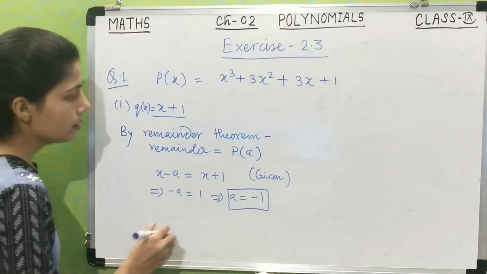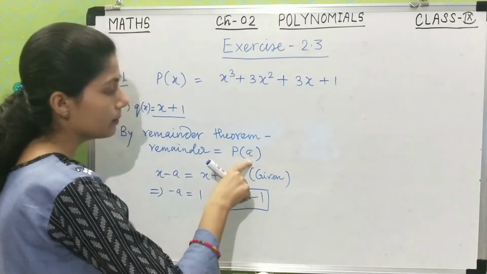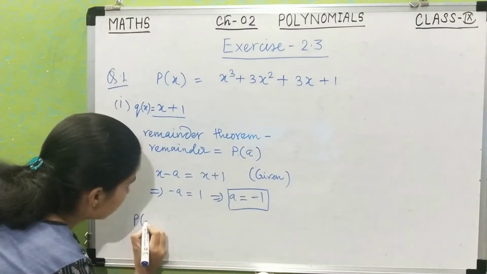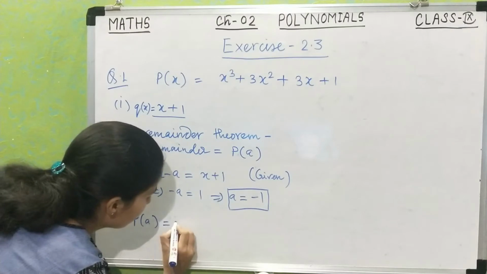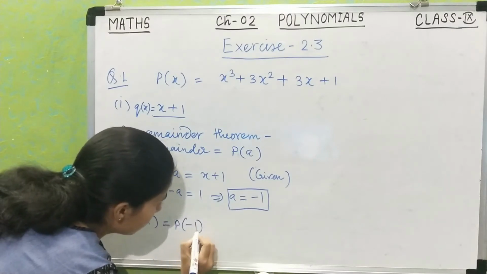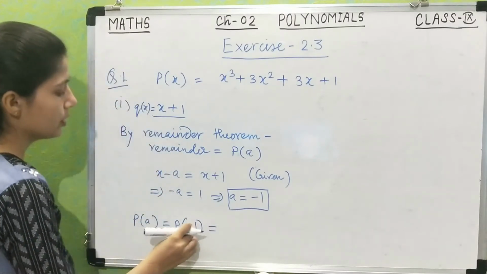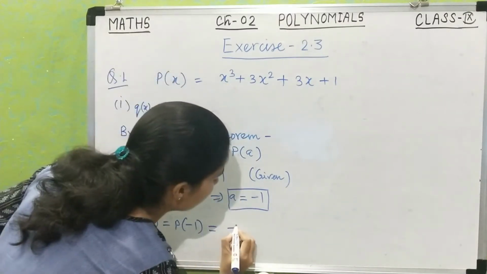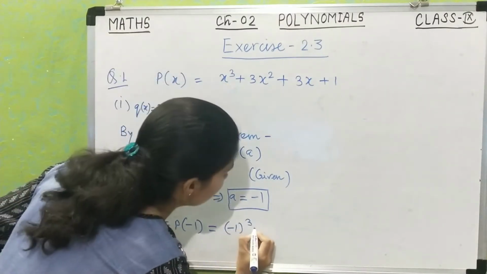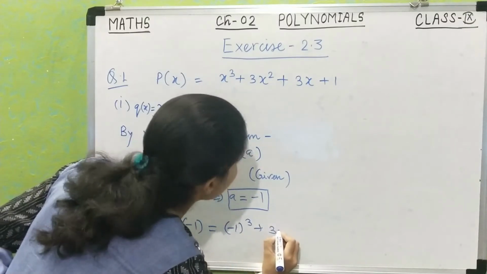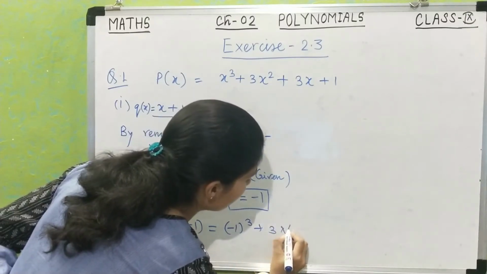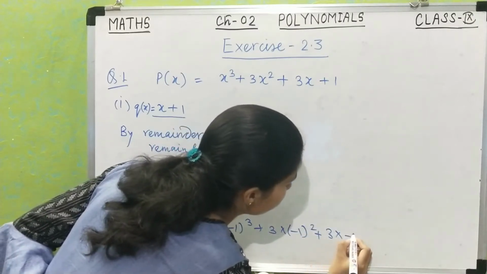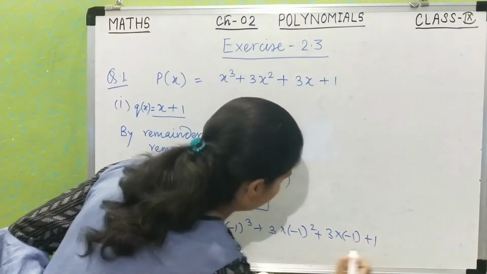So you have to put this value in pa. So pa, that is your remainder, is p of minus 1. Now put this value minus 1 in the given polynomial. So minus 1 cube plus 3 into minus 1 whole square plus 3 into minus 1 plus 1.